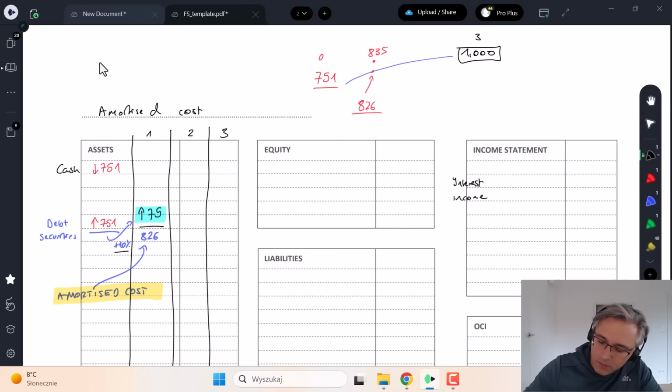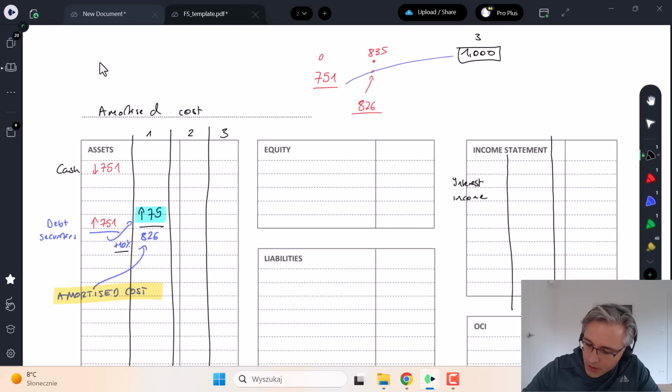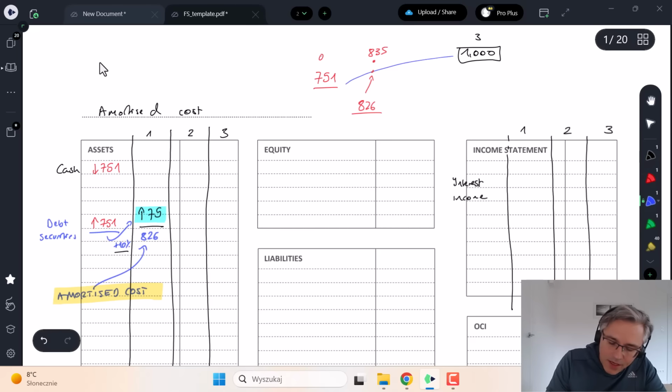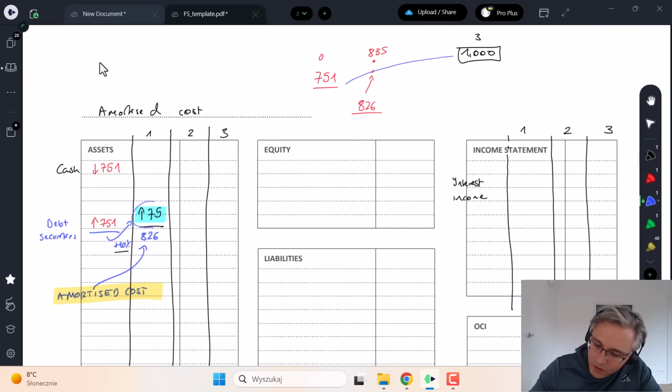After all, you hold bonds primarily to make money from the passage of time and the element of credit risk, and we call that interest. So in year 1, because the asset grows in value by 75, you will report plus 75 of interest income, which will impact your income statement. It will impact your P&L.